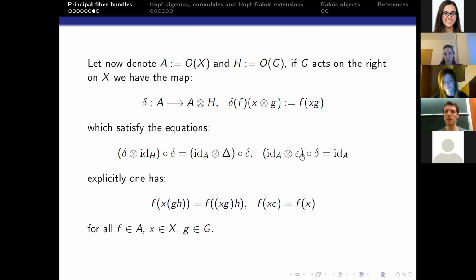And this identity here just tells us that acting with the identity leaves an element X unchanged. Again, we'll see what this algebraic structure is.